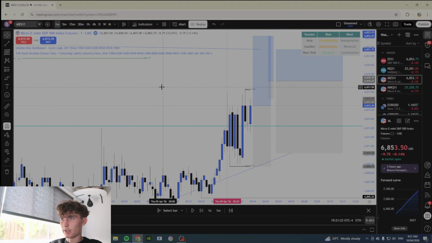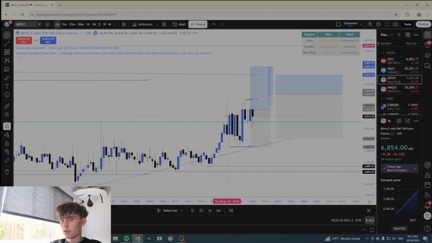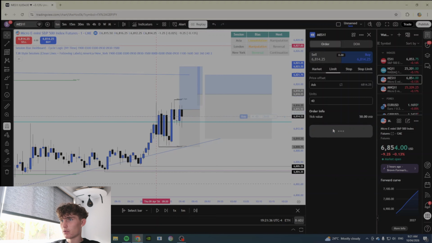And then I believe I entered a candle late. Okay, well I entered on the top of that. So like this. Stop loss, I believe it was lower.